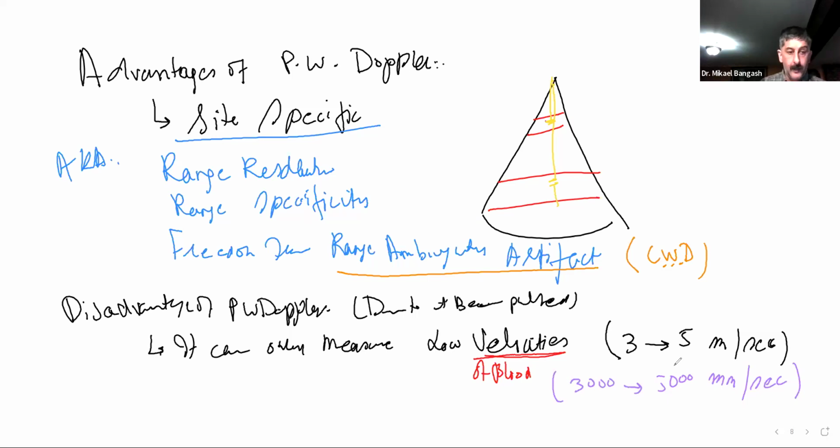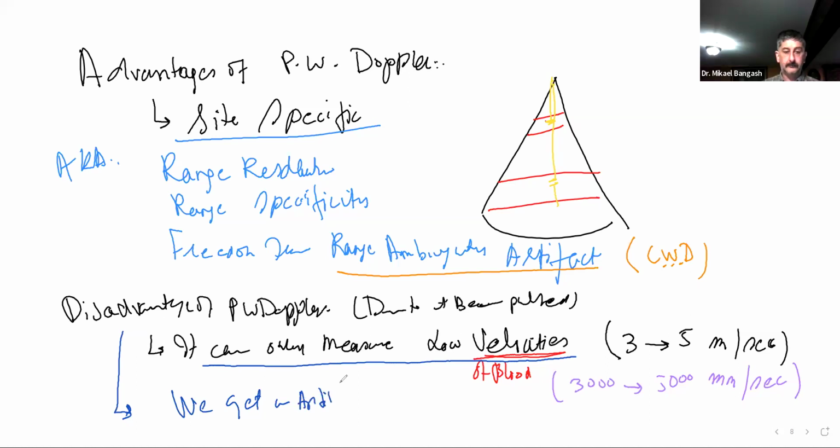And now I may say something. Because it's only able to measure these relatively lower velocities, the major disadvantage of using pulse wave Doppler is that we get an artifact known as aliasing.